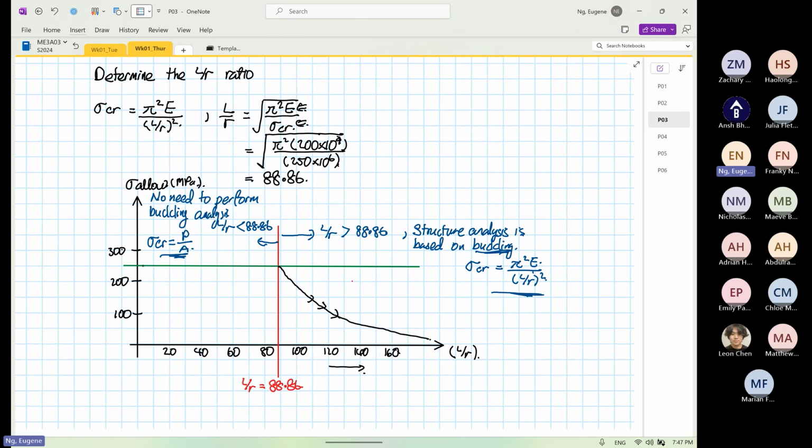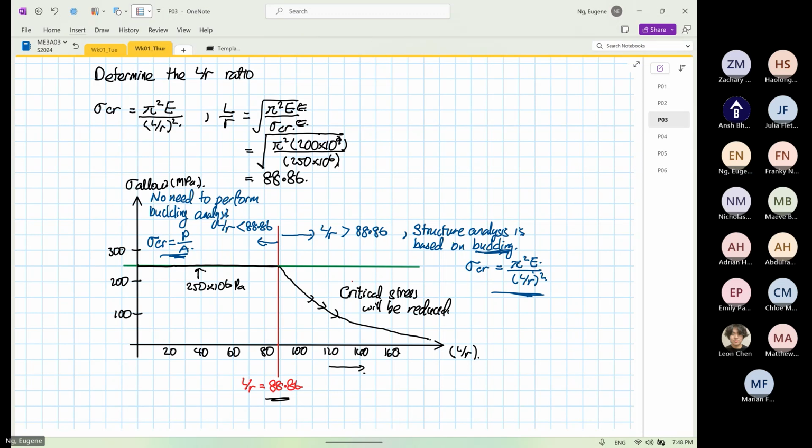What if it's less? If it's less, it can take what? The critical stress is 250 times 10 to the power 6 Pascal. If L over R is greater than 88.86, your critical load, or your critical stress, will be reduced.